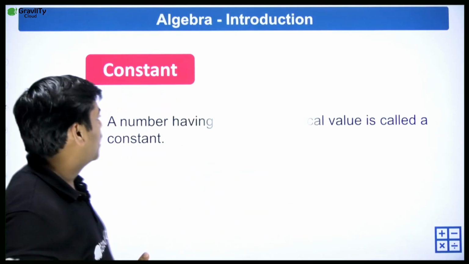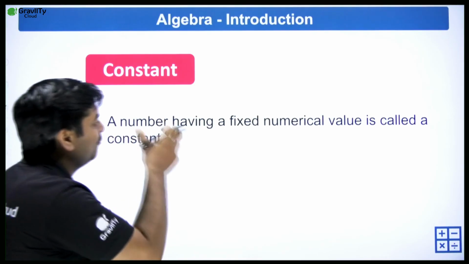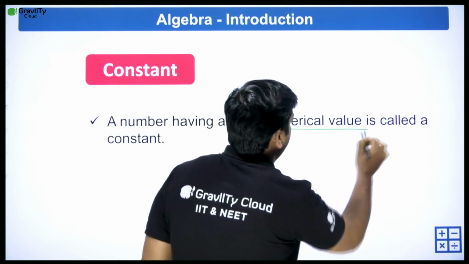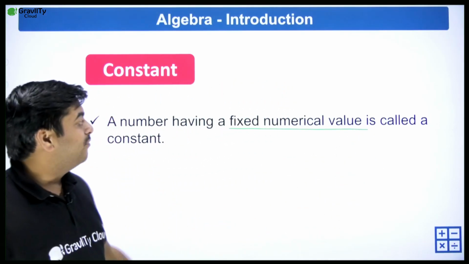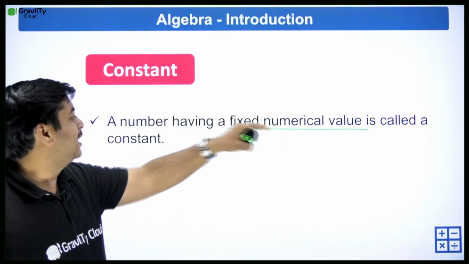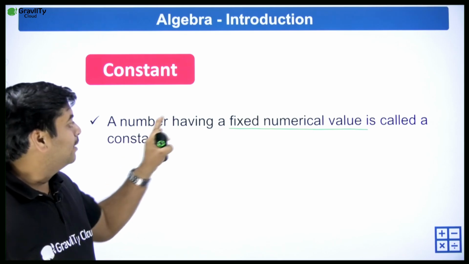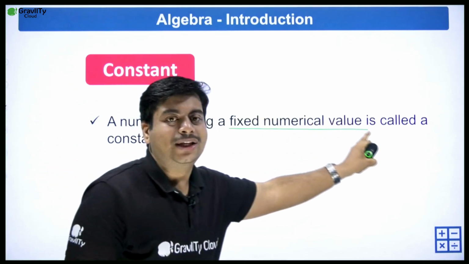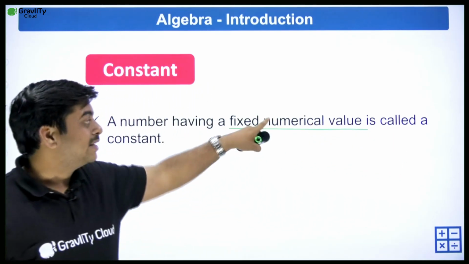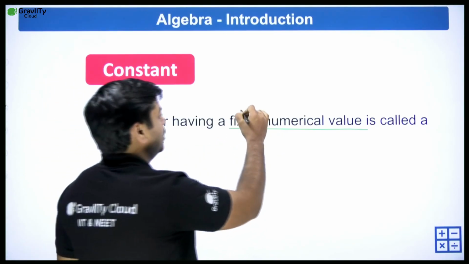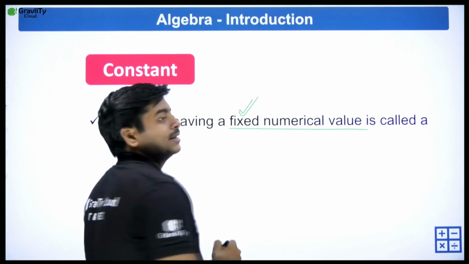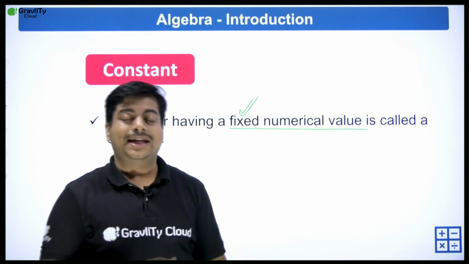In the same way, a number having a fixed numerical value is called a constant. When I say fixed, the term fixed says that it is always fixed.